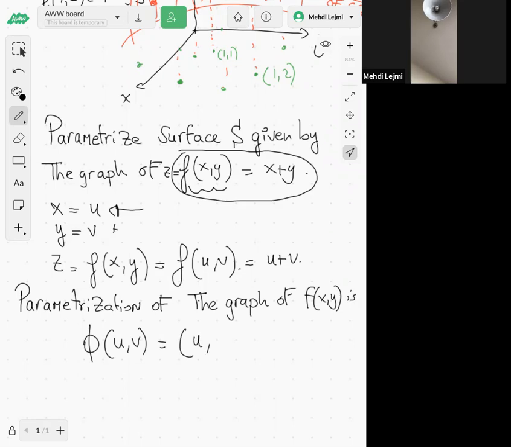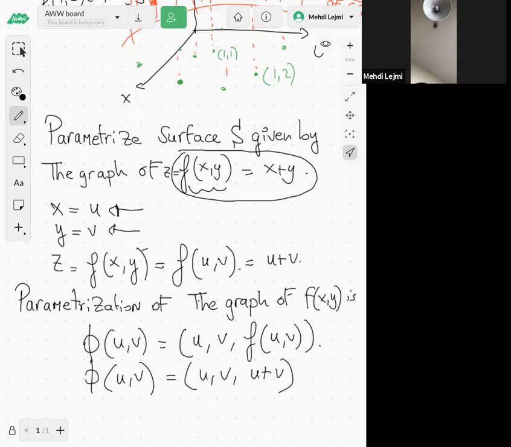Same for y, so y is v. But then the restriction is on z. Your z must be equal to the function f of xy, so z is f of uv. So in this case, that will be u, v, and then u plus v, because my function f of xy is equal to x plus y, so that's u plus v. All right. So you see how to parameterize a surface given by the graph of some function f, right?